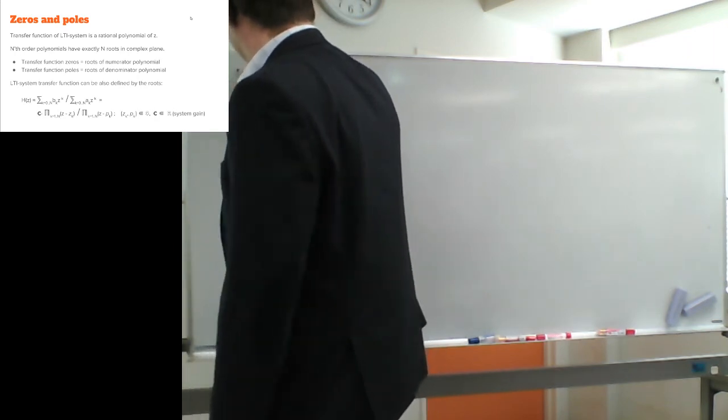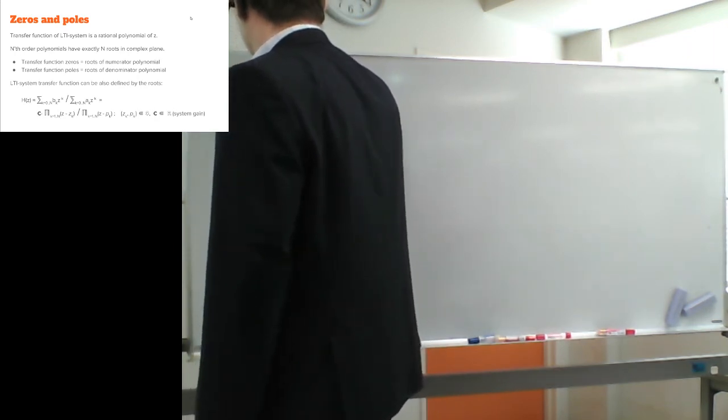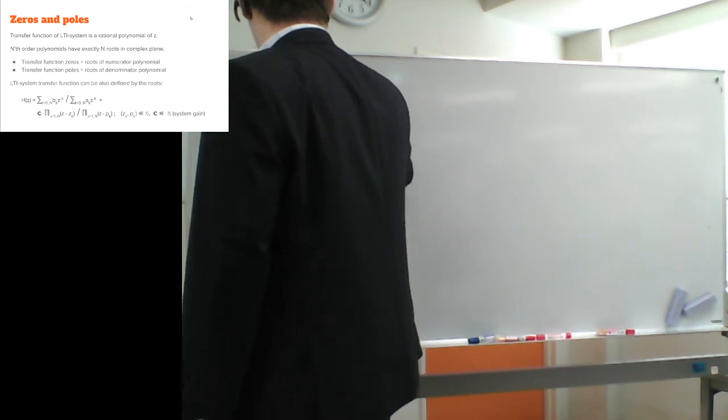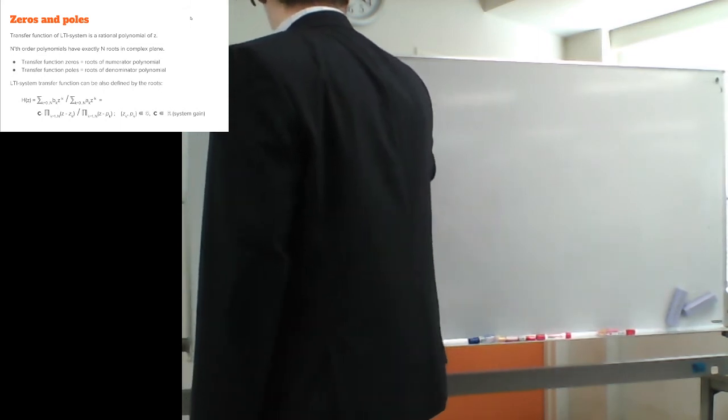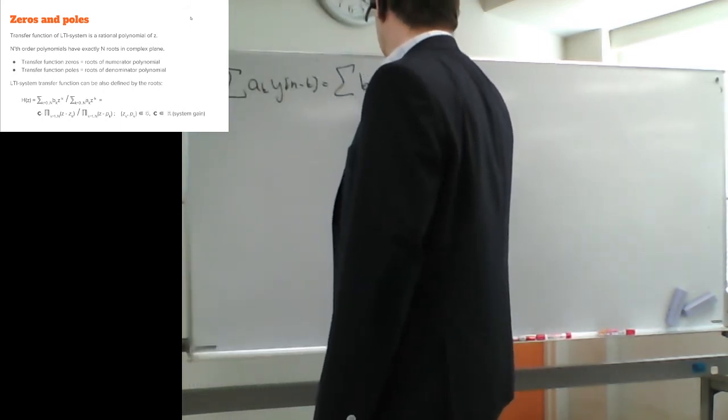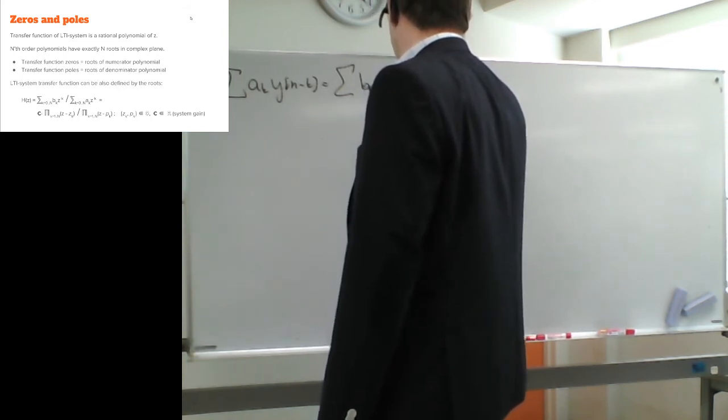Let me repeat again. The sum of a_k y of n minus k equals the sum of b_k x of n minus k.